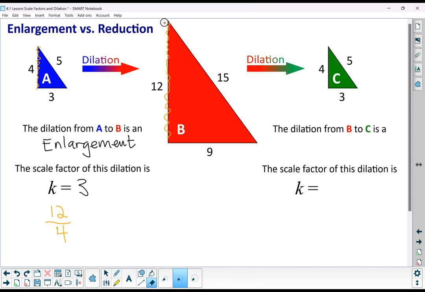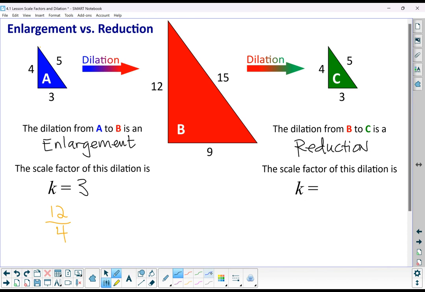Okay, on this next dilation over here, if I started with triangle B and it got dilated to become triangle C, that type of dilation in math is called a reduction. It got smaller.